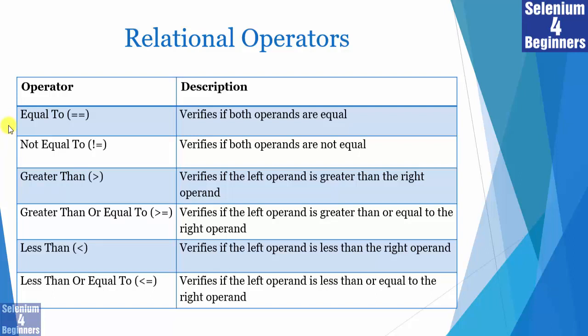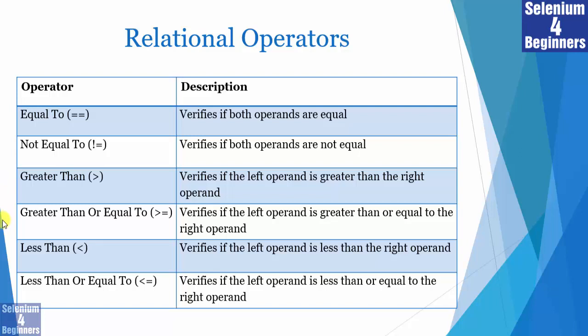In math, we use one equal symbol, but in Java, we use 2 equal symbols for equal to. Not equal to has an exclamation point and one equal symbol to verify if both operands are not equal. Greater than has a closing angular bracket symbol that verifies if the left operand is greater than the right operand.